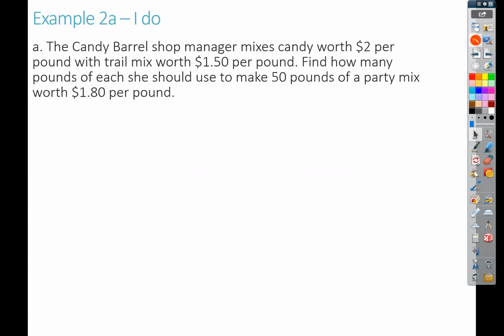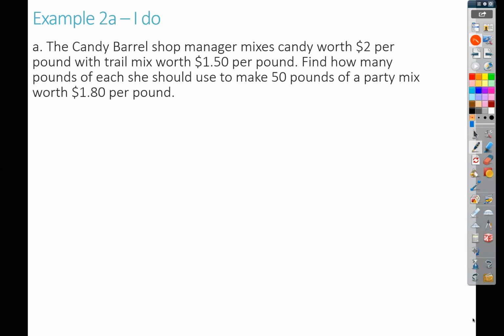All right, number 2, the Carry Barrel shop manager mixes candy worth $2 per pound with a trail mix worth $1.50 a pound. How many pounds of each should she use to make 50 pounds of a party mix worth $1.80? Okay, so we're going to put the money in one and the quantity in the other. She's wanting to mix candy and a trail mix and have 50 pounds of the mixture.